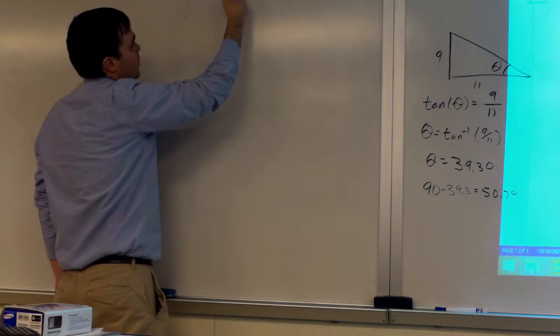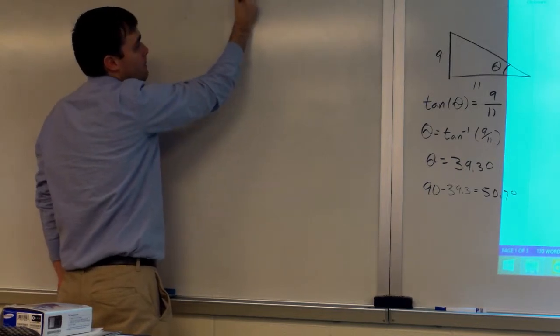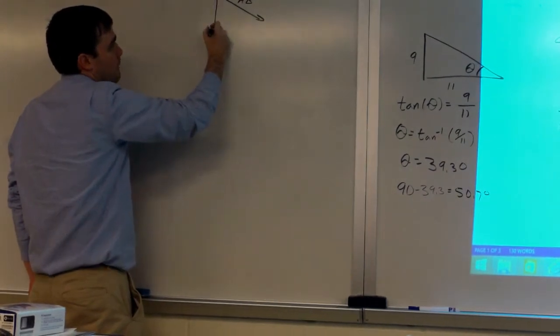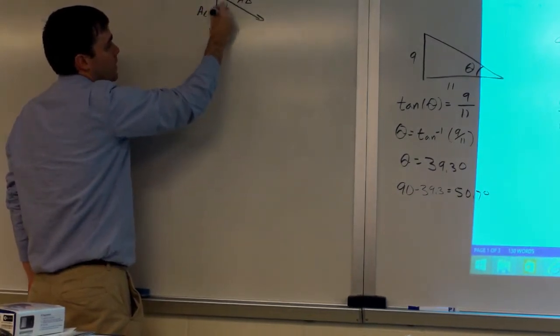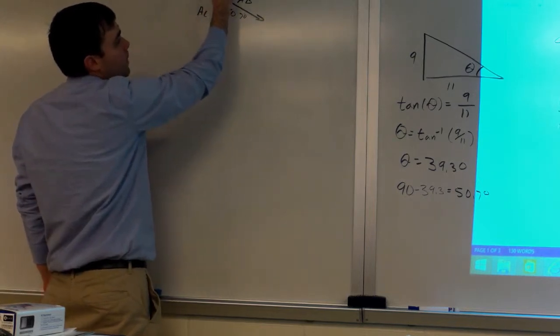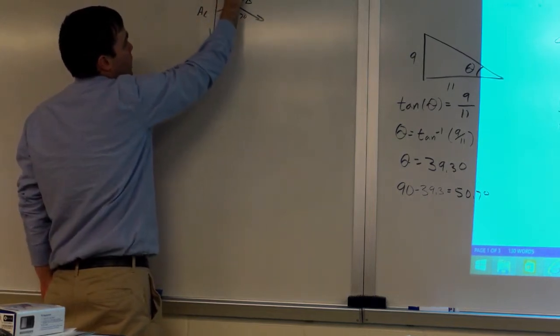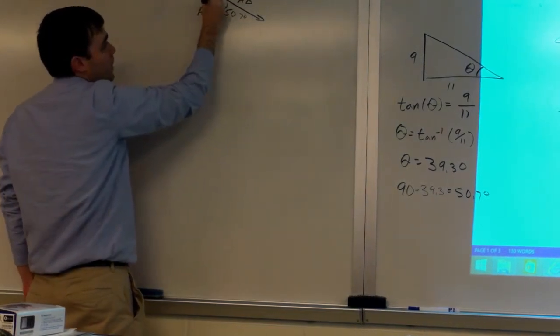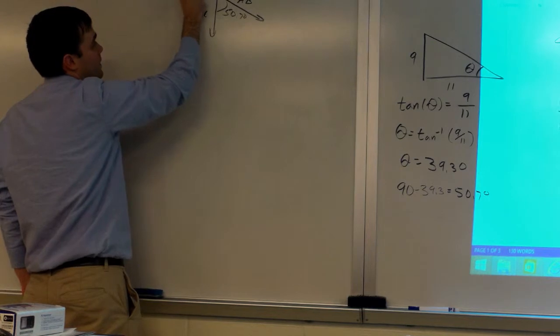Alright, so we're starting at point A, so we've got AB going down like that, AC, 50.7 degrees, 1450, and 1772.